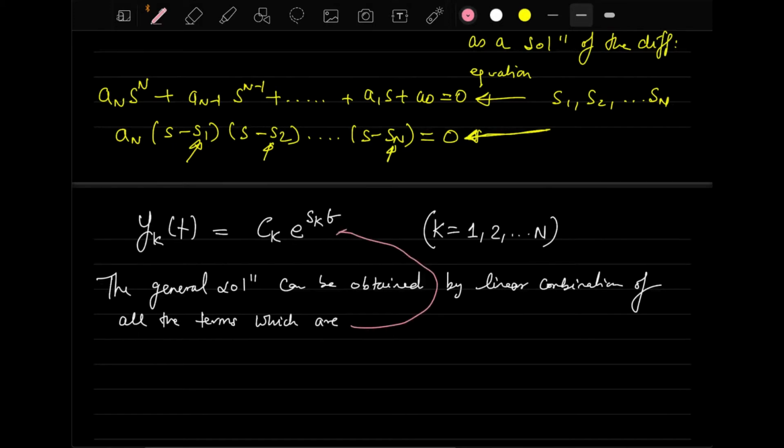So you are actually taking all these terms and forming a linear combination of them.